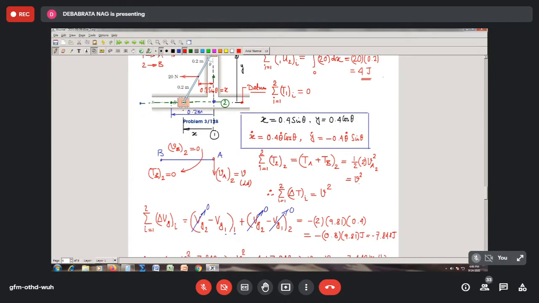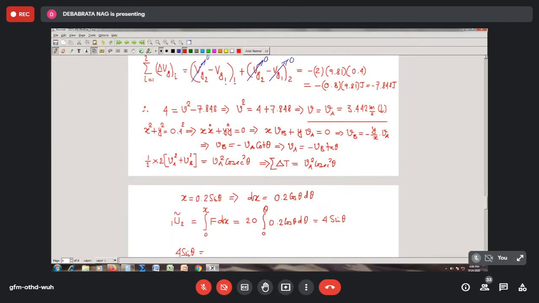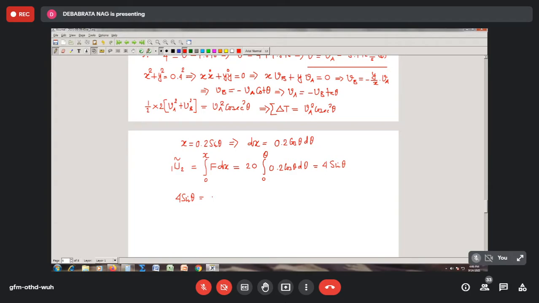So I can therefore say the change in gravitational potential energy, I can write this as delta T plus this. So I say this is Va square cosec square theta.